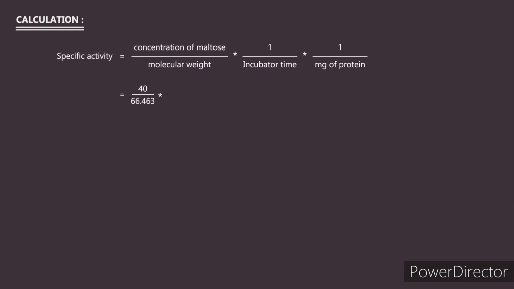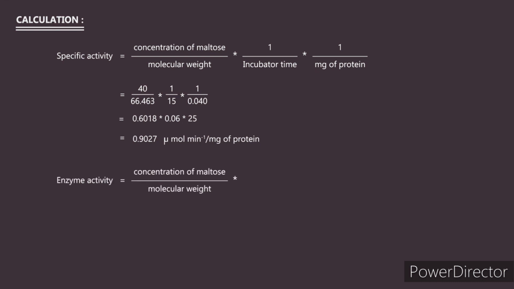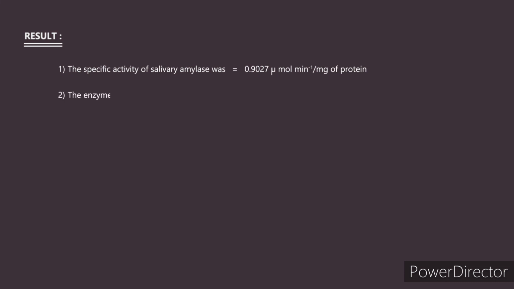Now you can see the calculation. Specific activity is equal to concentration of maltose by molecular weight, into 1 by incubation time, into 1 by milligram of protein. So you can see the enzyme activity here, in this case, measured as 0.0361 micromole per minute per milligram of protein.